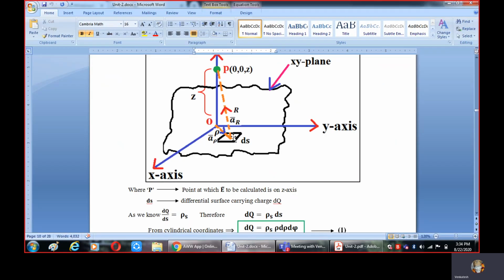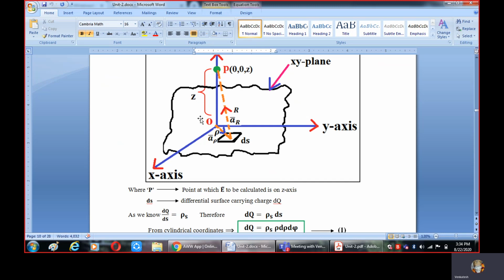Here the direction is from dS to P (0, 0, z). So I am writing the direction from dS to P like this. We have to subtract the rho vector from this vector.